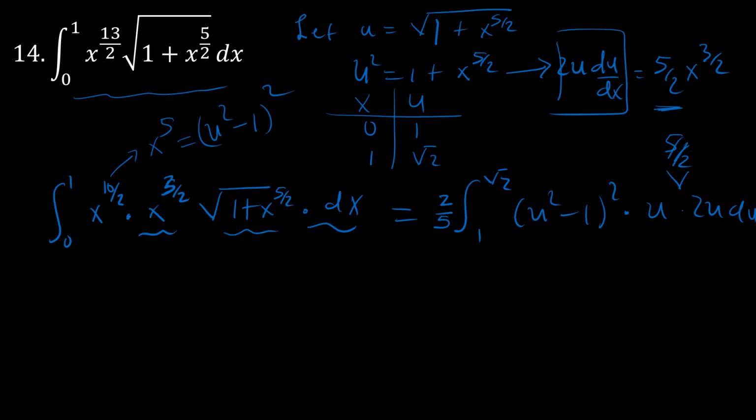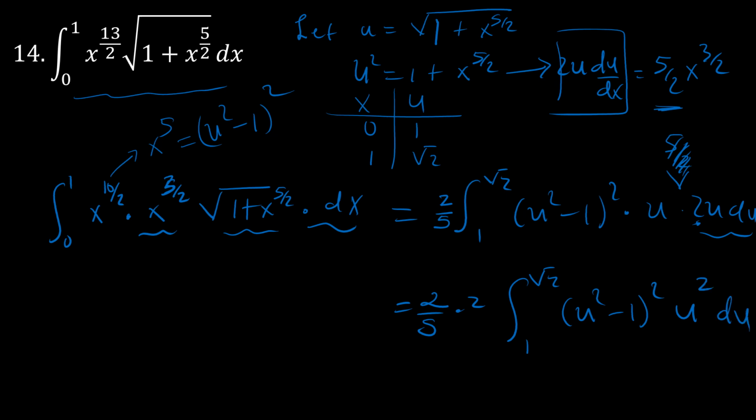So that one disappears, so that we just easily inserted this. So we have 2 over 5, and we're pulling this 2 out. The integral from 1 to root 2 of u squared minus 1 squared times u squared.